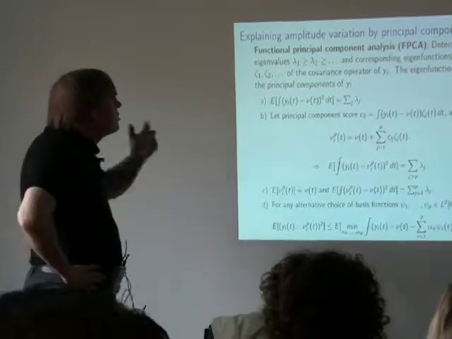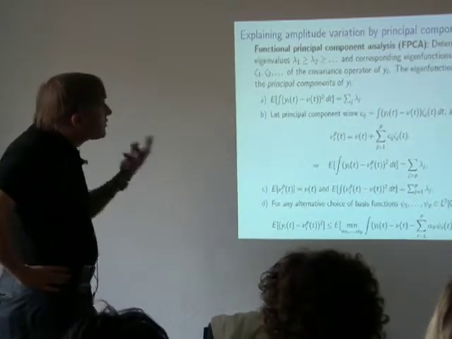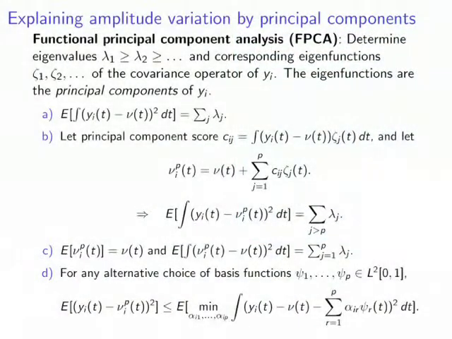And of course what you could do is try to do a decomposition of the registered curves into functional components. Then you have something like eigenvalues and eigenfunctions composed from the covariance, and you get an approximation of your registered curves by p principal components.